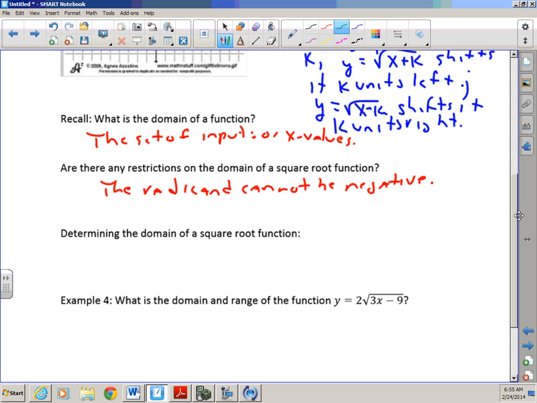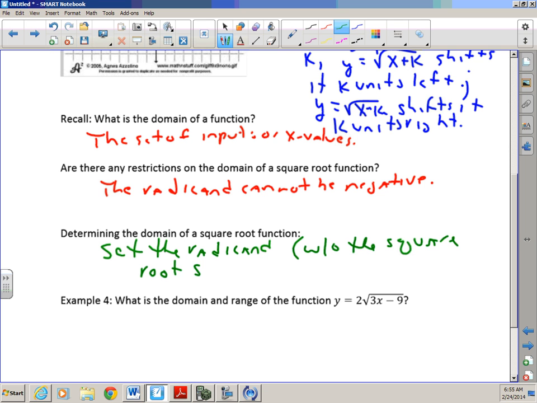So to determine the domain of a square root function, what do we do? We set the radicand, without the square root symbol, greater than or equal to 0 and solve.